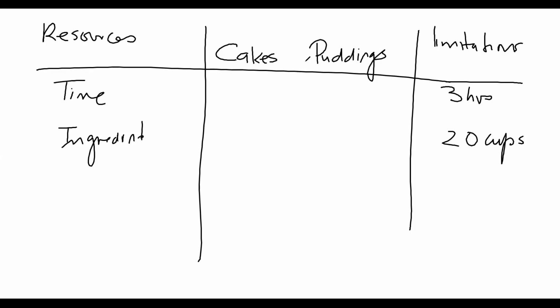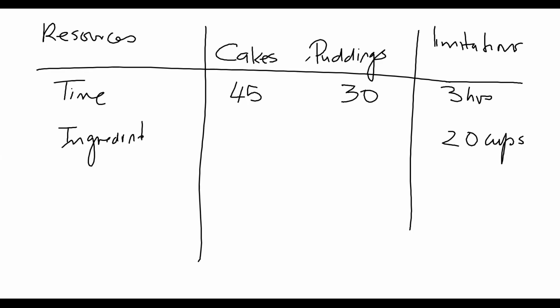So, how much time does she need to bake a cake according to the problem? 45 minutes, Miss. And how much time does she need to bake a pudding? 30 minutes.